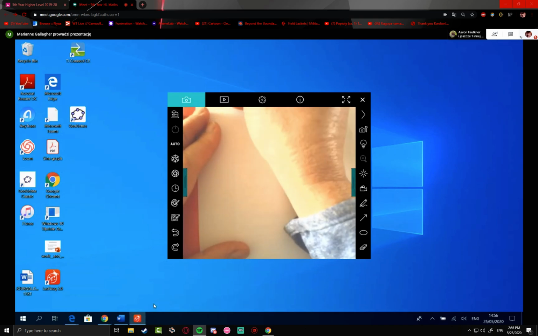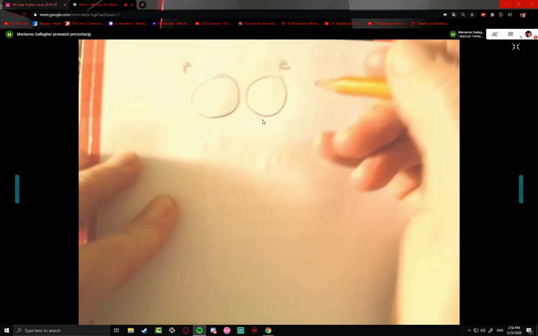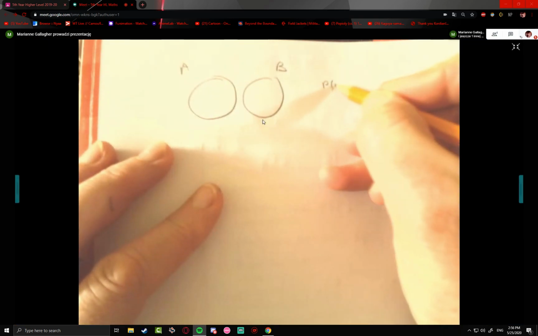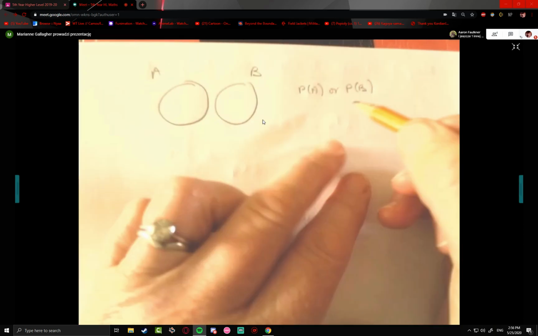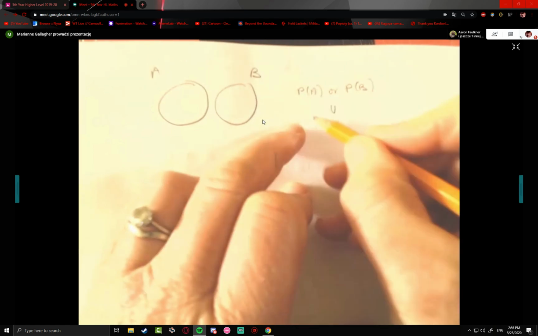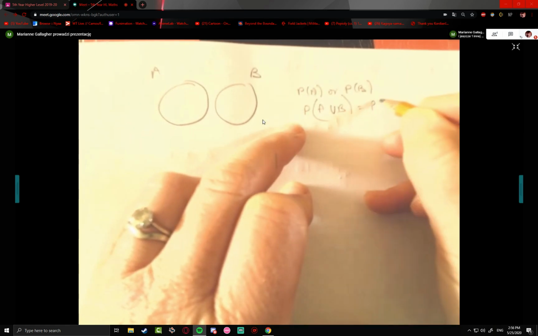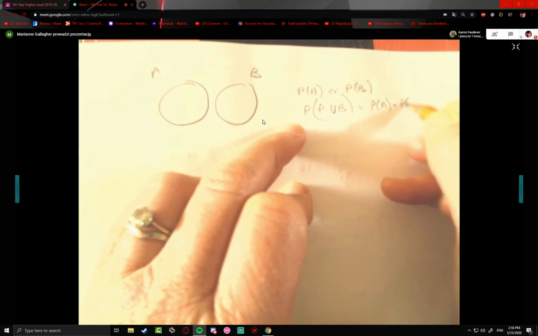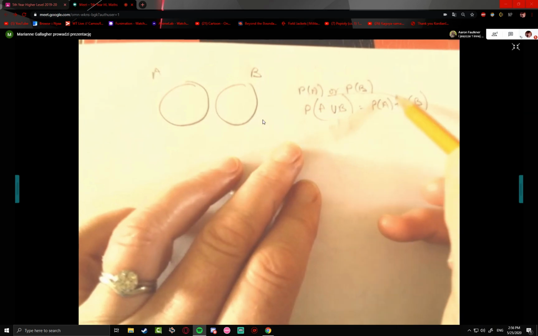If this is your two events, A and B, there's no overlap. So the probability of A or B happening, and OR is like union in sets, so that's P of A union B, is just the probability of A plus the probability of B. We talked about OR means add anyway.